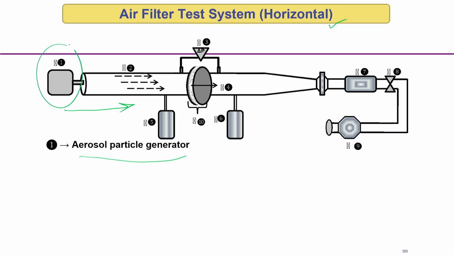Here this is the aerosol particle generator which generates the particles and mixes them with the air. So, the dusty air flows through the duct. This is the duct where the dusty air flows, and there is a differential pressure gauge which measures the pressure drop across the filter.